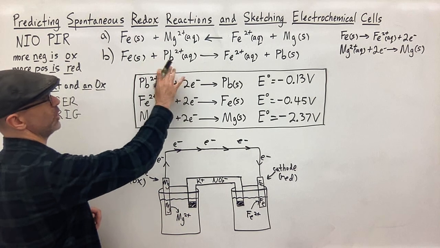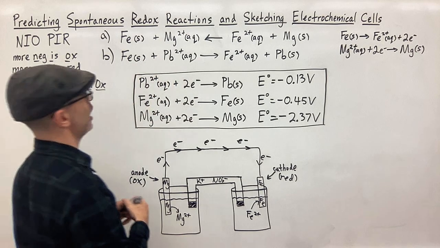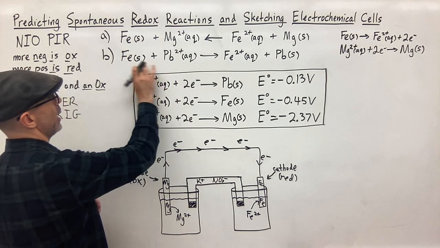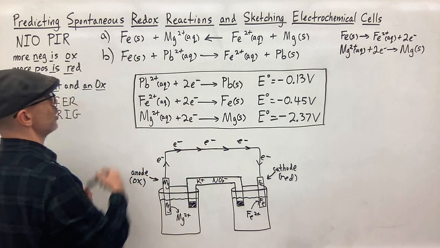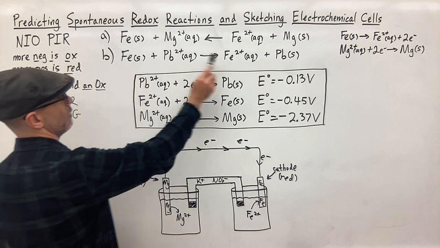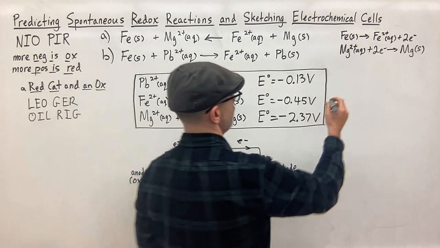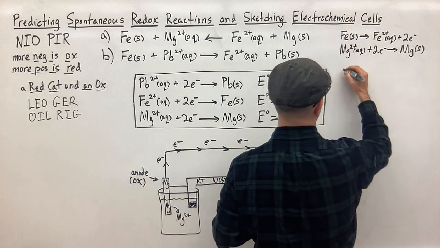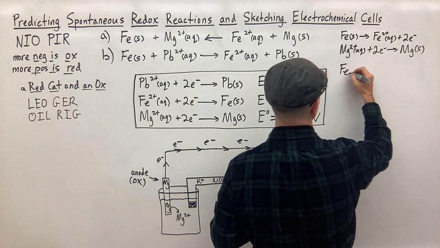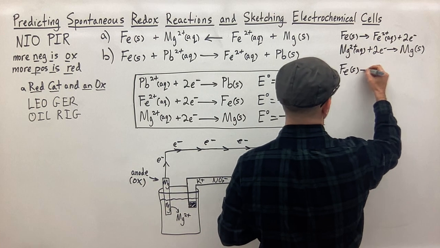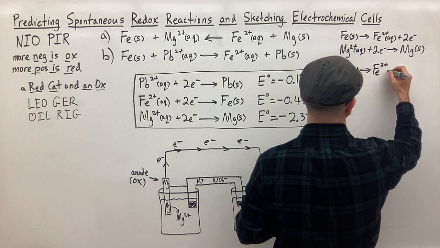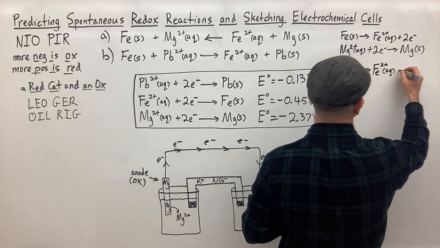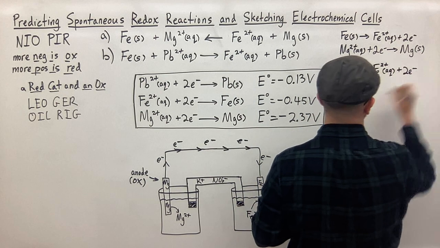The first thing we want to do is write out the reduction and oxidation reactions as they're written. So here, iron is going to Fe2+, so again, that's the same thing here. So I'll write that here. And that's going to go to Fe2+ aqueous plus 2 electrons again.